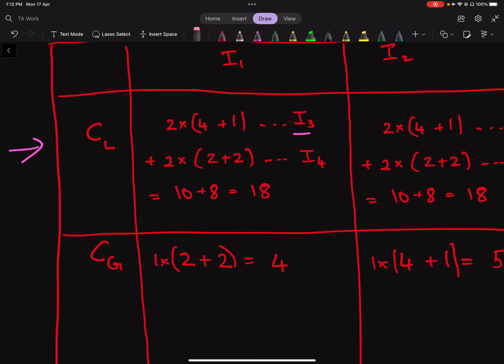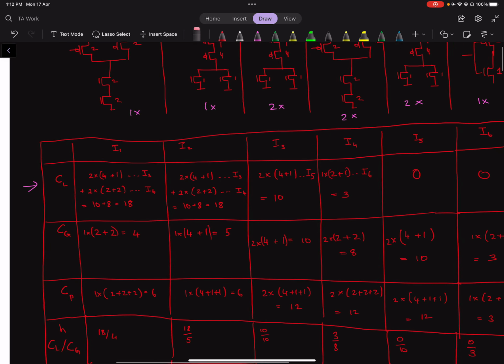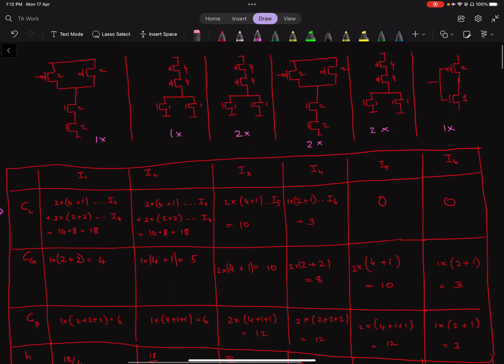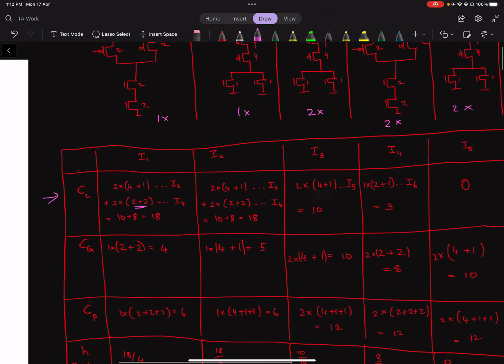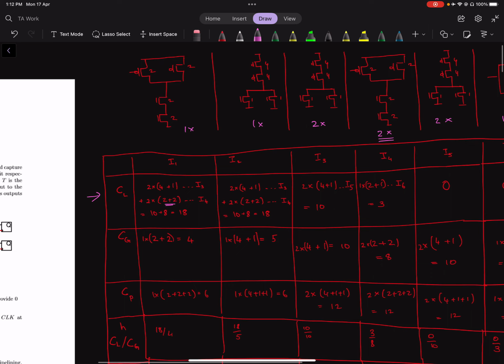So that is I3. Similarly, what about I4? In I4, it is going to look like this. Each input will see a transistor gate capacitance of 2 plus 2, and of course, I4 is also a 2x gate. And so that is 2 times 2 plus 2.